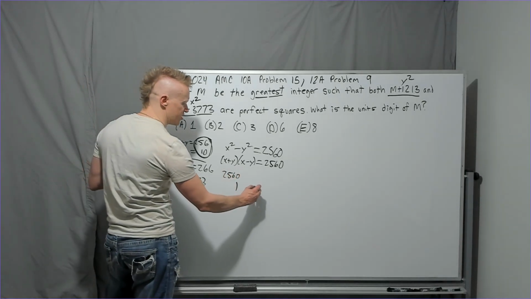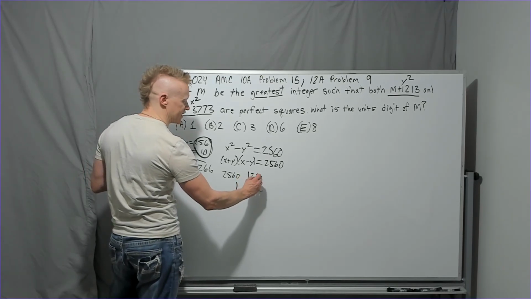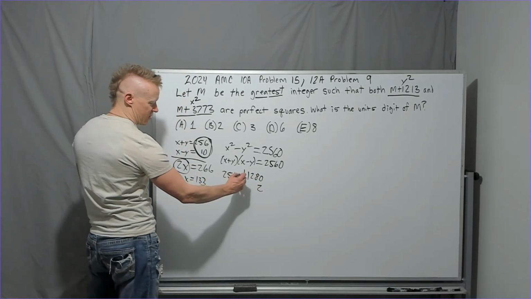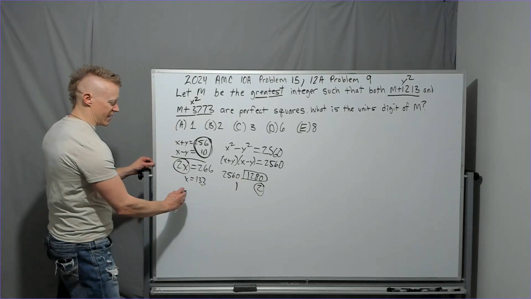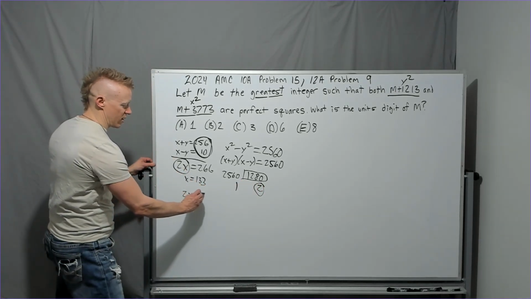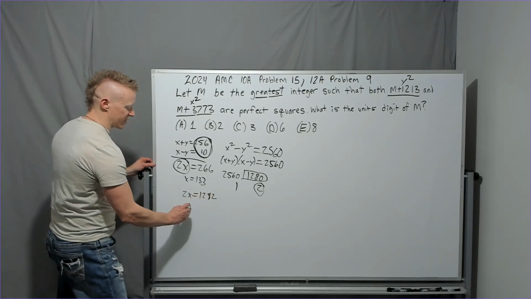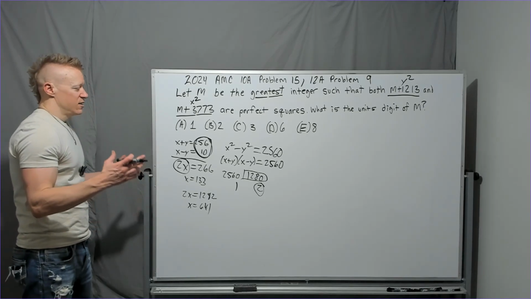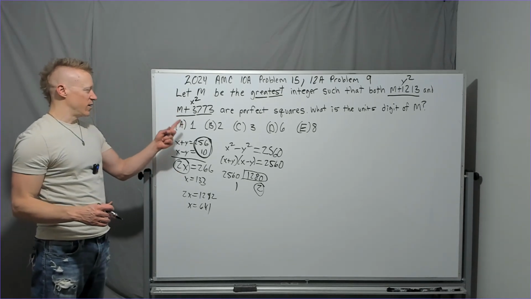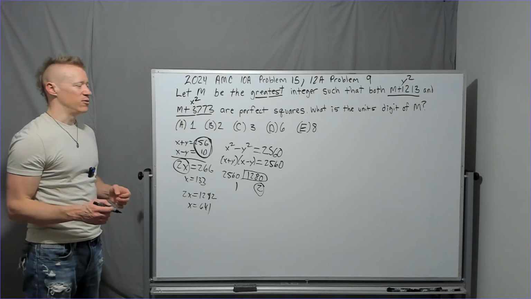So if you do 2 and you cut 2560 in half, this could be your x plus y and this your x minus y. Then when you added, you would instead get 1282, which cuts in half to make x is 641. That's what x is actually going to be in order to maximize the value of m.